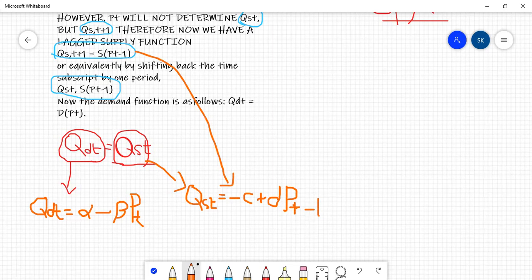So now what we do is that we know that at equilibrium Qdt is equal to Qst. We will equate both of them with each other.